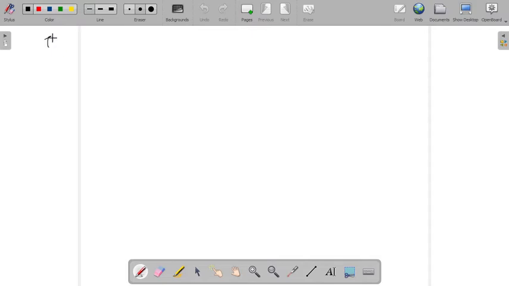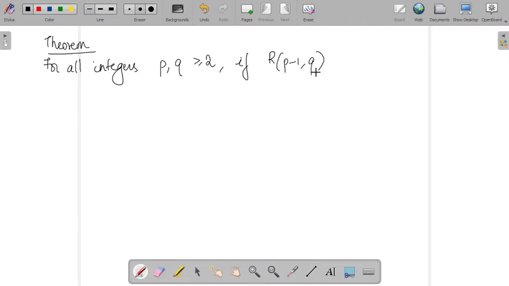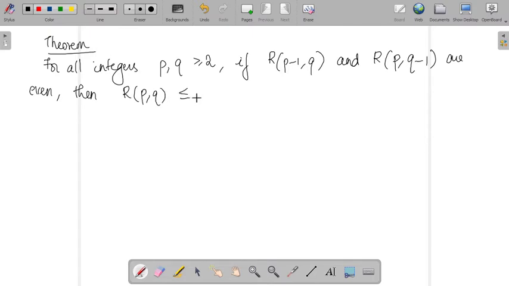So the theorem states that for all integers P, Q greater than or equal to 2, if R of P minus 1, Q and R of P, Q minus 1 are even, then R of P, Q will be less than or equal to R of P minus 1, Q plus R of P, Q minus 1, minus 1.